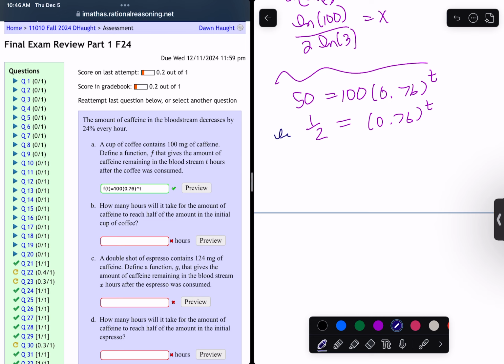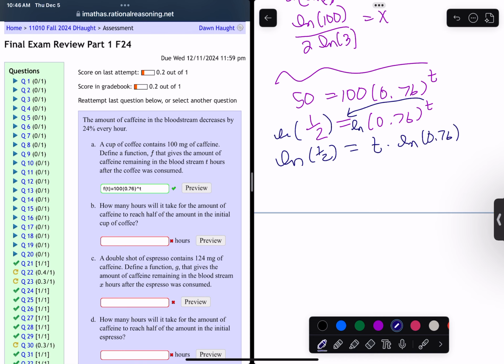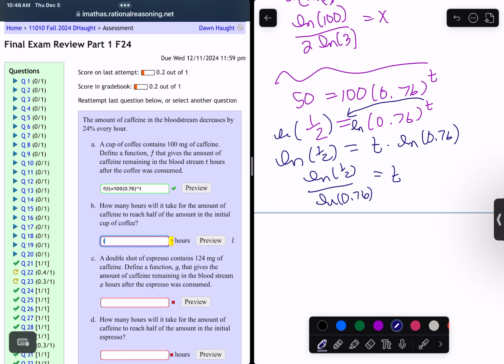Stick a natural log on both sides so that we can drop the power down in front. So the natural log of half equals t times the natural log of 0.76. So t is going to be the natural log of a half over the natural log of 0.76. That's it. They didn't say that we needed to round to the nearest hour or anything.